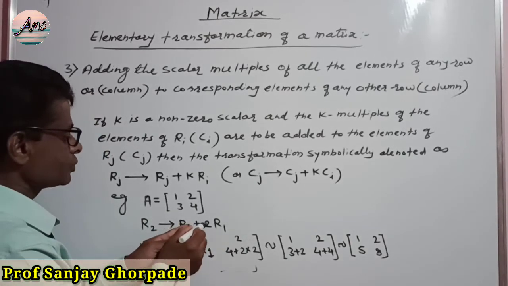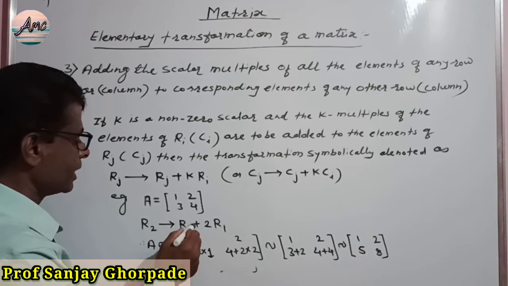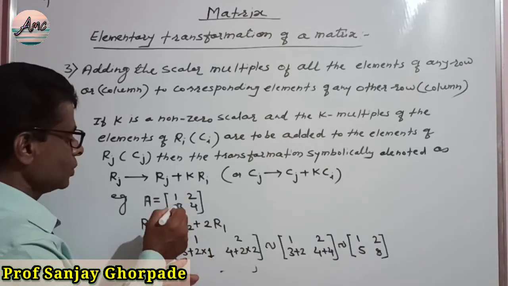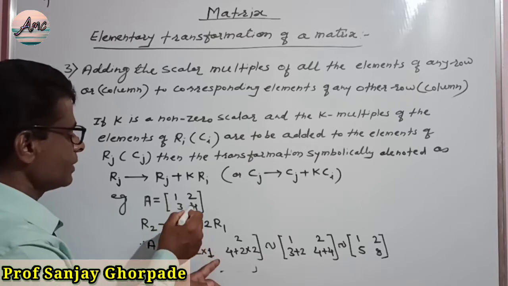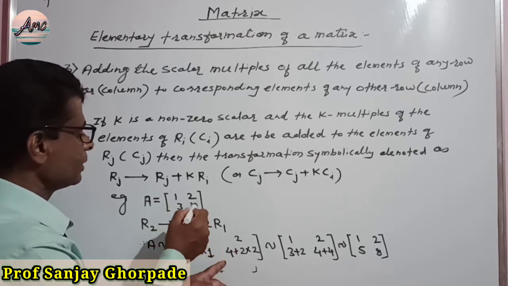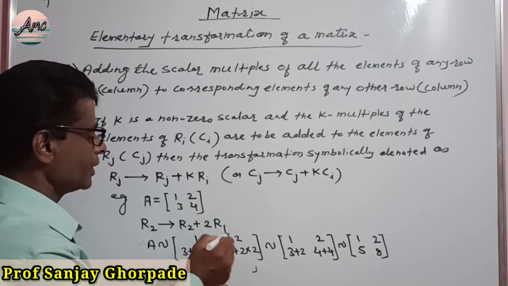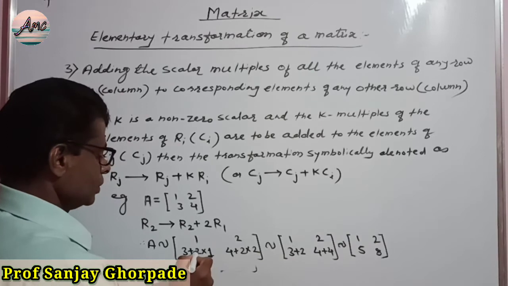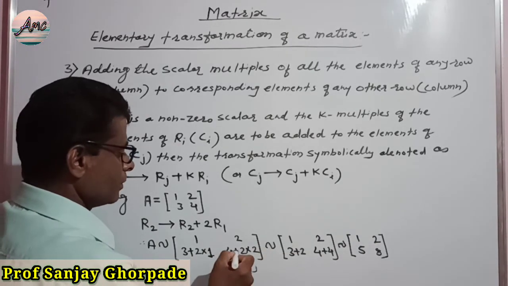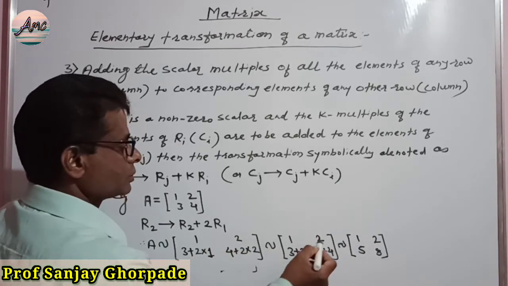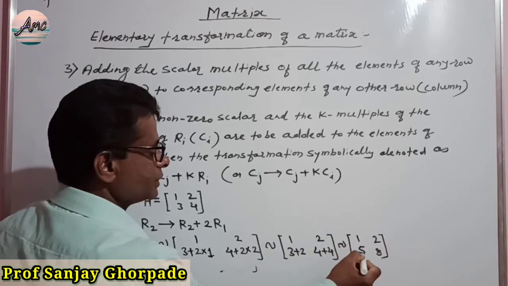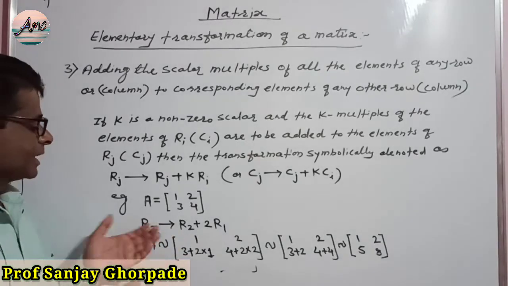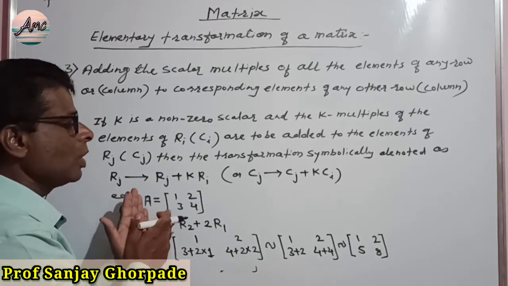So second row plus 2 times first row: 3 plus 2 into 1, and similarly 4 plus 2 into 2. So 3 plus 2 is 5, 4 plus 4 is 8. So the matrix is 1, 2, 5, 8. This is in case of the row operation.